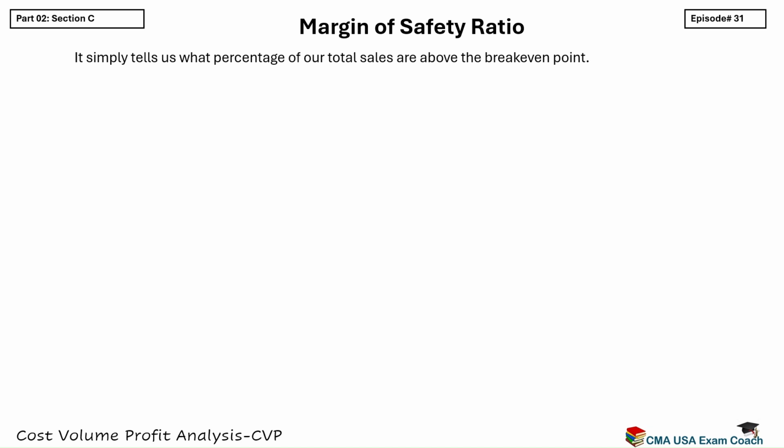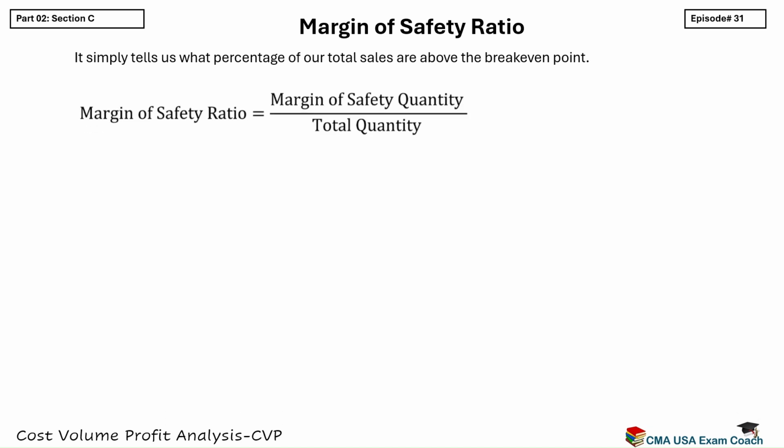It simply tells us what percentage of our total sales are above the break-even point. Now, there are two ways to express the margin of safety ratio. One is based on quantity, and the other is based on revenue. Let's look at both equations. First, if we are using quantities, the formula is margin of safety ratio equals margin of safety quantity divided by total quantity.